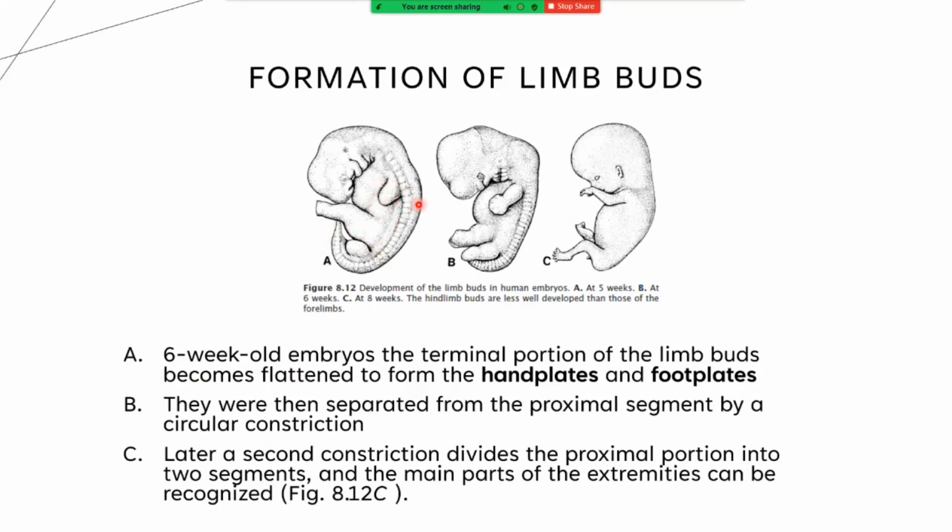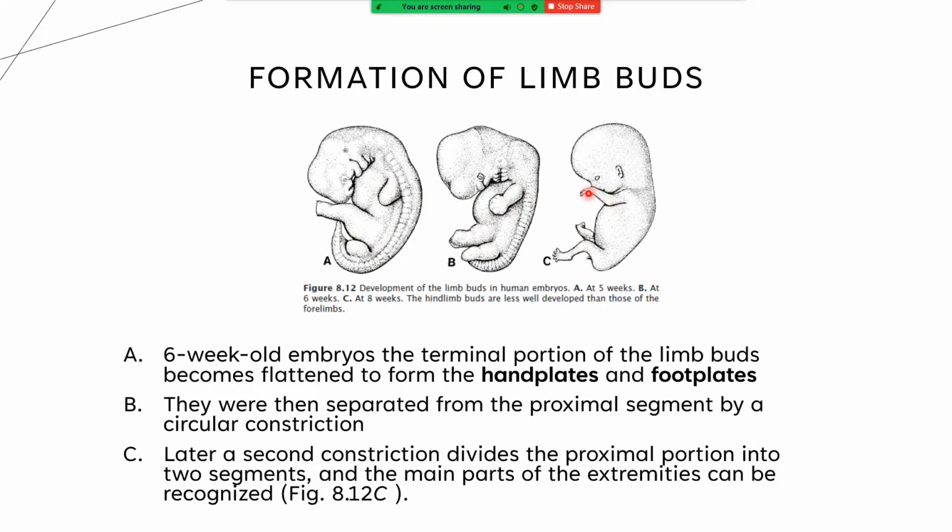They will then separate from the proximal segment by a circular constriction. And later, a second constriction divides the proximal portion into two segments. And the main parts of the extremities can be recognized.